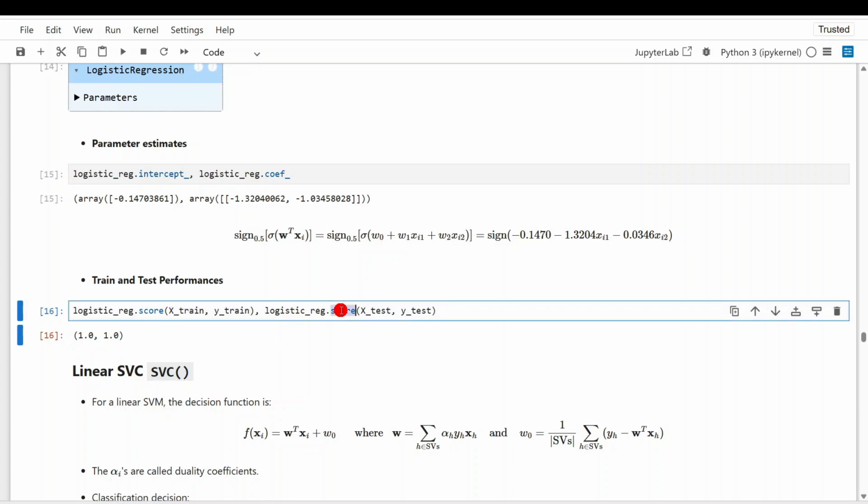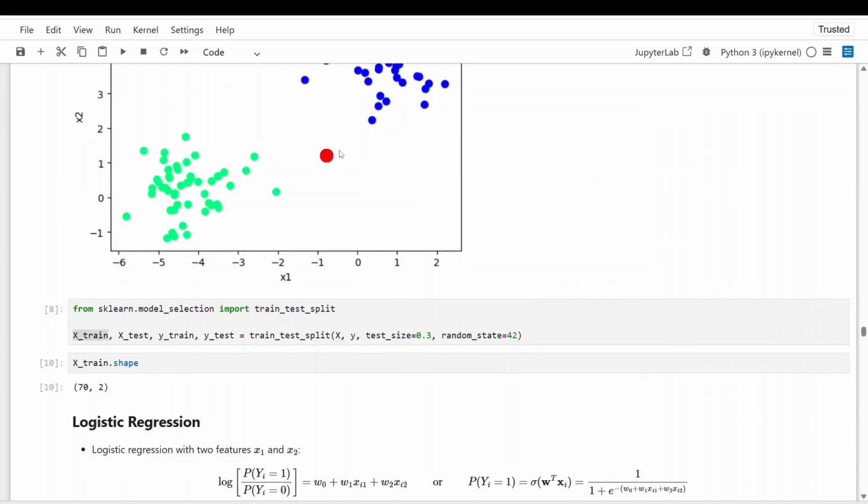And again, by calling the score method over our trained model and supplying the test data, we can obtain the test score. Here clearly the train and test scores are 100%. That means the logistic regression model perfectly separates these two different classes.